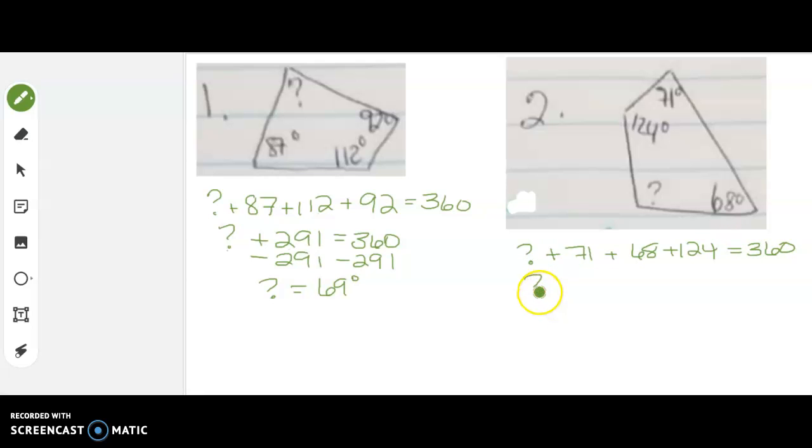So add up all my angles, 71, 124, and 68, and that comes out to 263. That equals 360. And then again, to solve for my question mark, I need to subtract 263 from both sides. And my missing angle is 97 degrees.